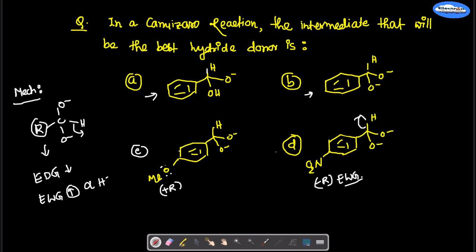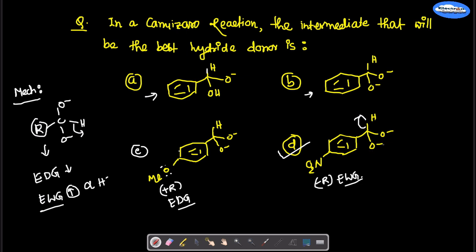So the best intermediate for the Cannizzaro reaction is option D, because you can simply remember that if an electron withdrawing group is attached over here, then it will facilitate the hydride donation, and if an electron donating group is there, then it will hinder the hydride donation.